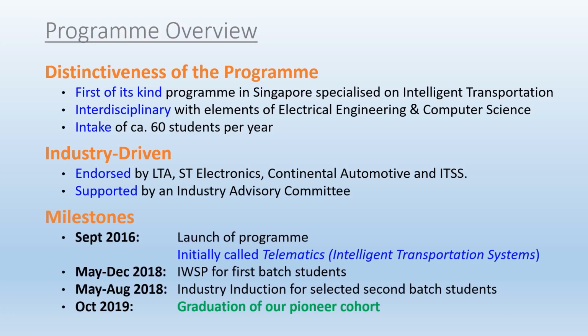so you can see that we launched the program not so long ago in September 2016, so a little bit more than 4 years ago. Initially it was called Telematics, Intelligent Transportation Systems. Then we decided to change the name to Computer Engineering, because we feel that it much more describes the breadth of what we are teaching and the knowledge we are delivering to our students. 2 years after the launch of the program, we had our first batch of students being sent out to the IWSP, the Integrated Work Study Program, basically an 8 months full-time internship with relevant industries.